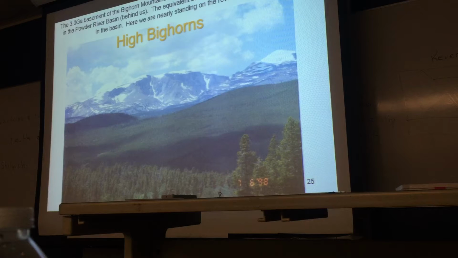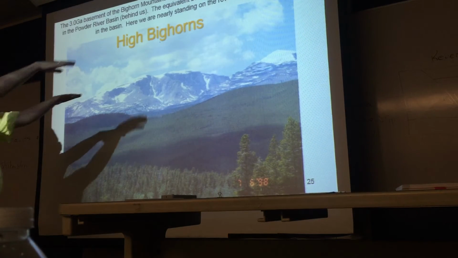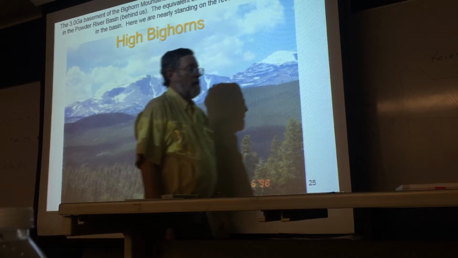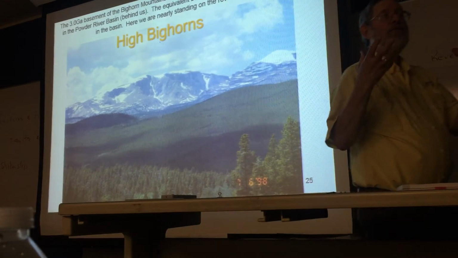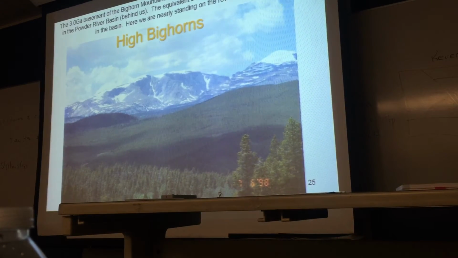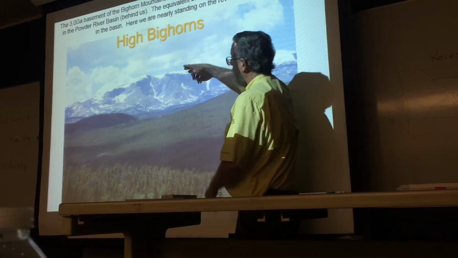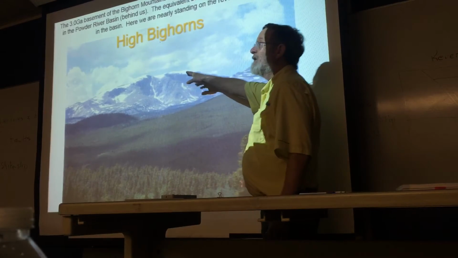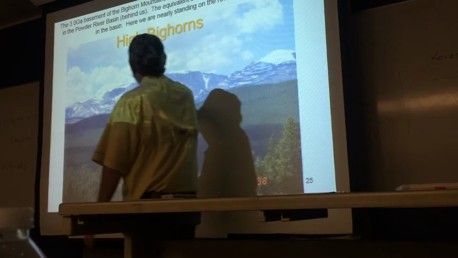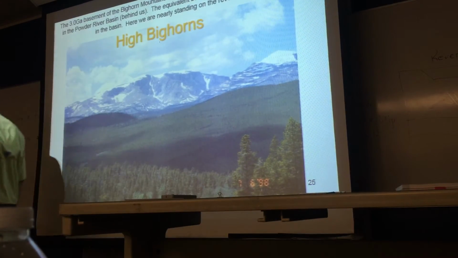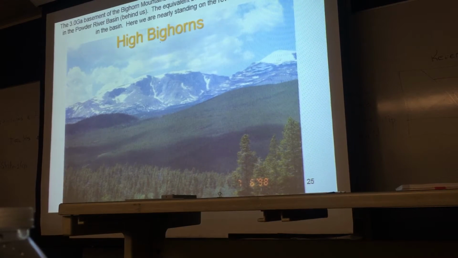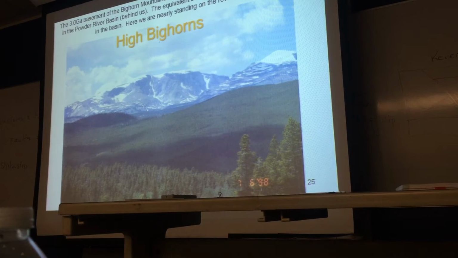We're on another large-scale reverse fault where we're standing, taking the picture of the Bighorns here. We're standing on Pennsylvanian sands, and yet up here you have granites. The granites up here are some of the oldest basement rocks in the area, about 3 billion years old, 3 gigayears.